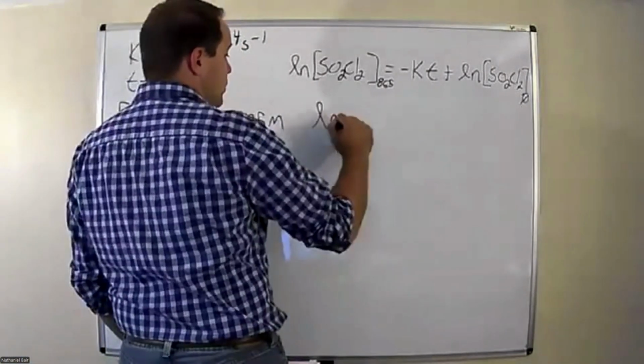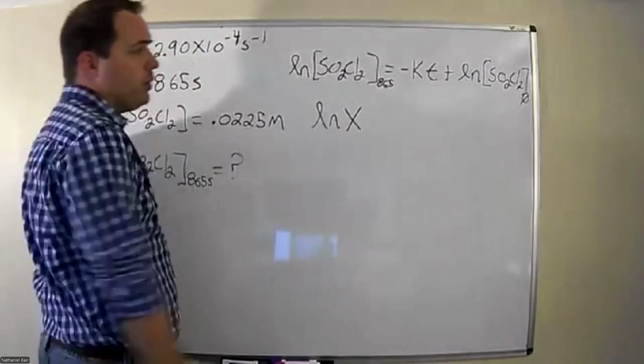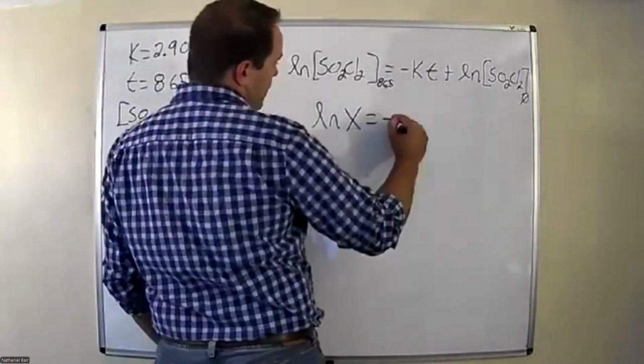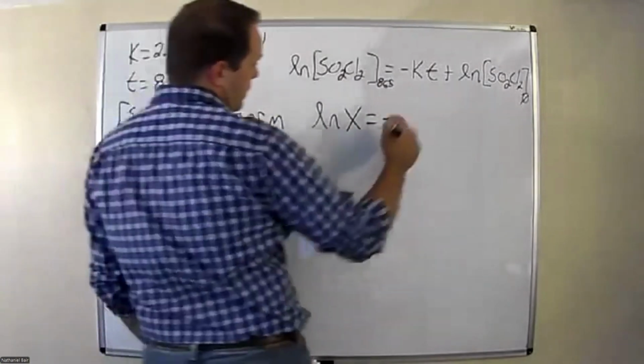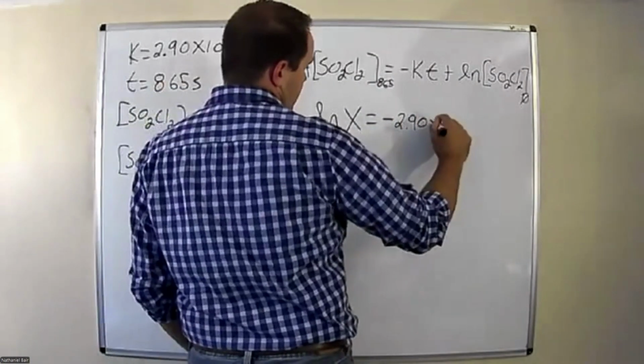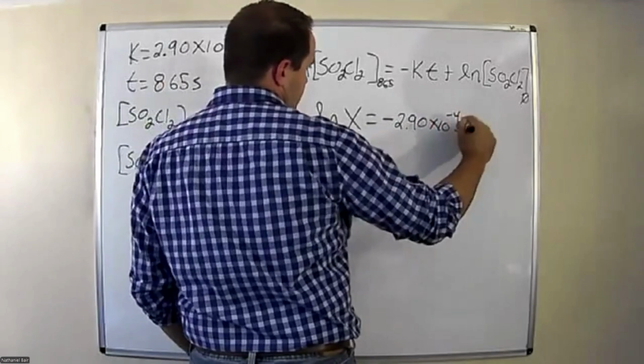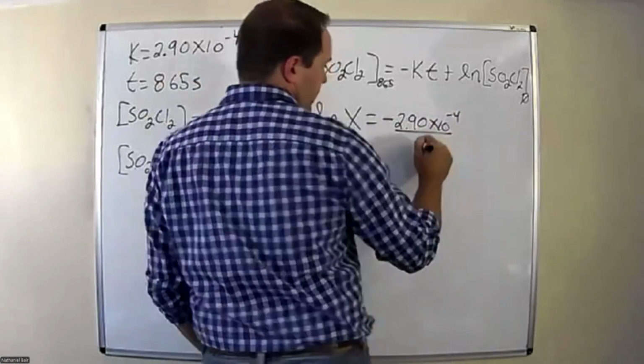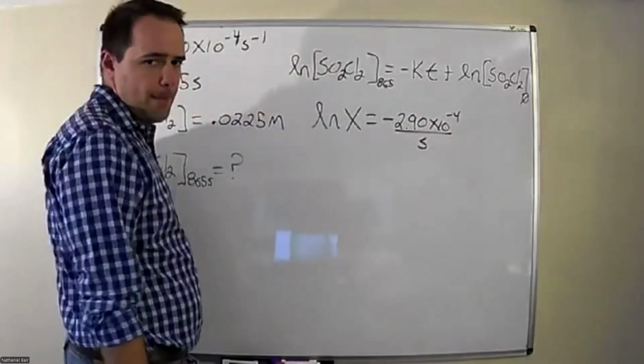So the natural log of x equals negative rate constant, negative 2.90 times 10 to the negative fourth seconds to the negative first, or you can write that as one over seconds. Doesn't matter to me.